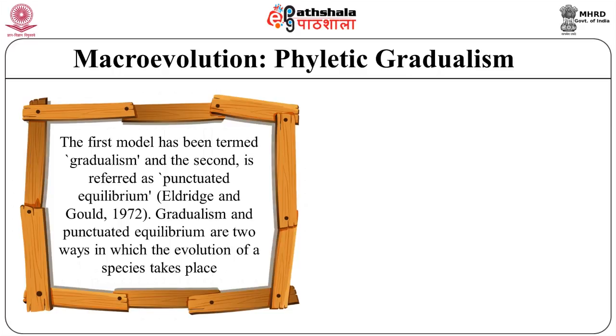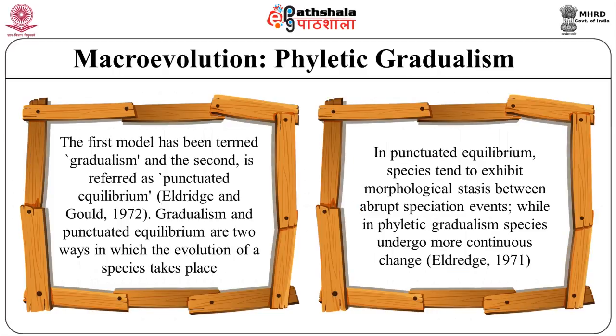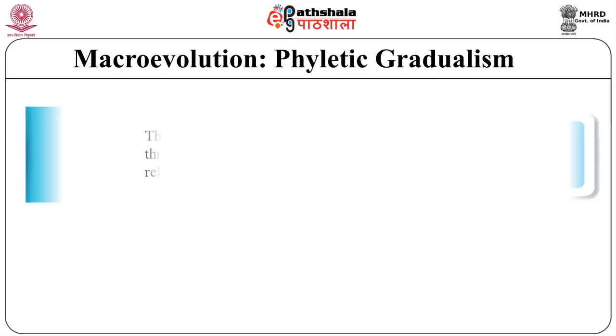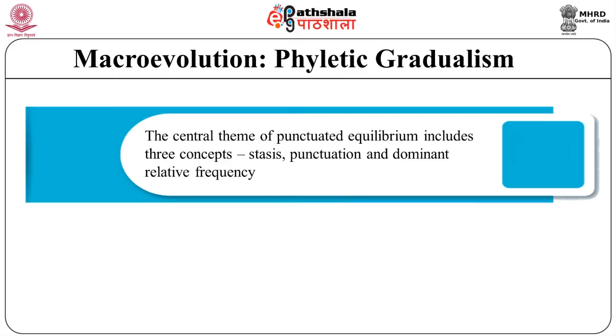Punctuated equilibrium and phyletic gradualism are contrasting patterns of evolution among a spectrum of patterns observed in the fossil record. In punctuated equilibrium, species tend to exhibit morphological stasis between abrupt speciation events, while in phyletic gradualism, species undergo more continuous changes. The central theme of punctuated equilibrium includes three concepts: stasis, punctuations, and dominant relative frequency.